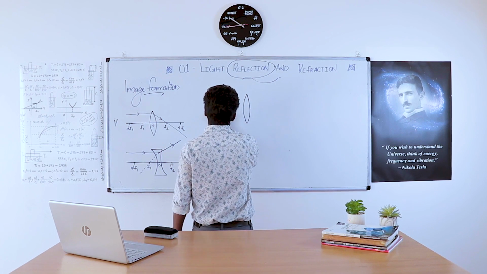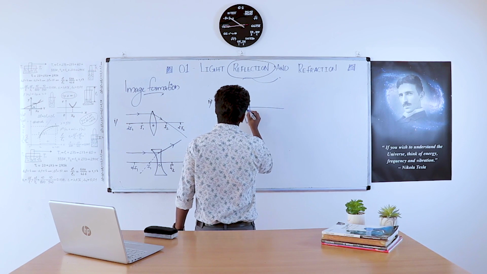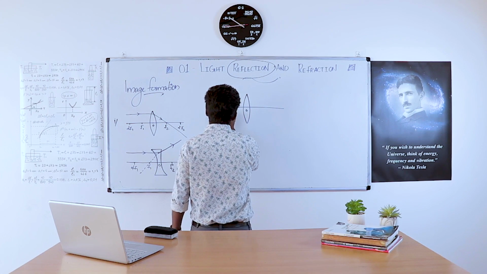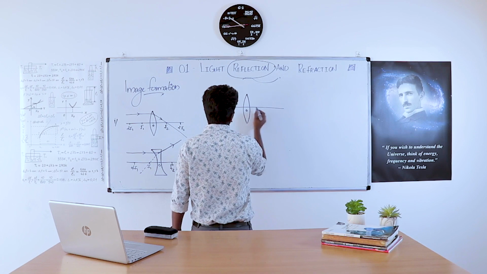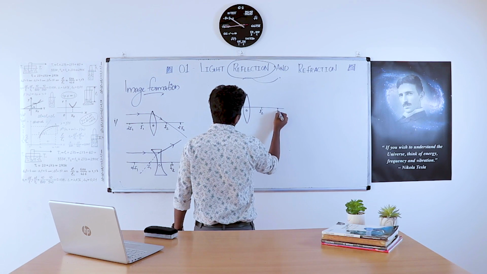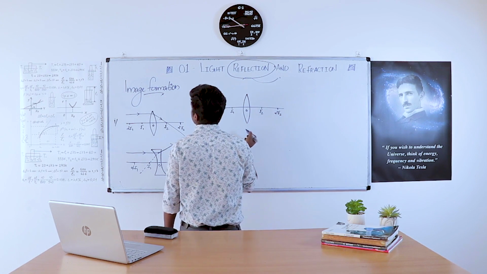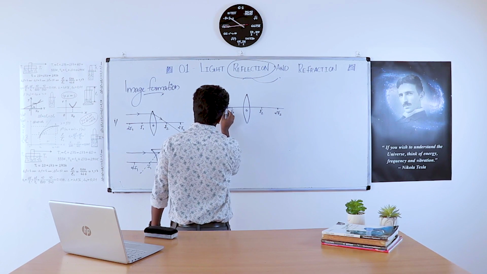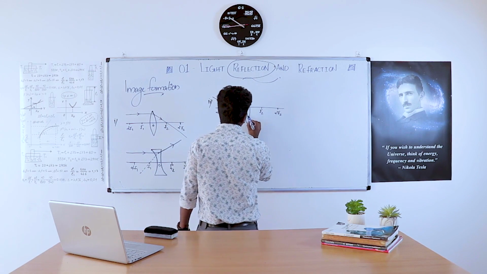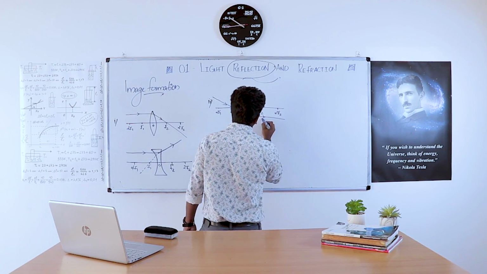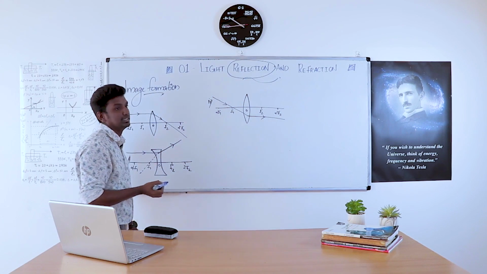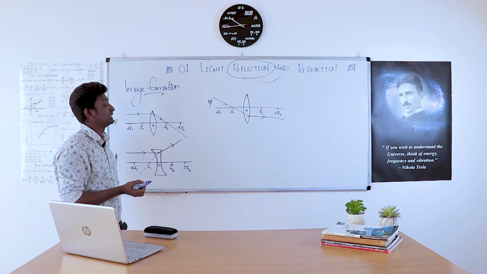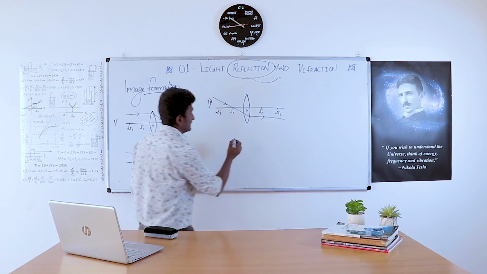This is a convex lens. Optic center, F1 to F1, F2 to F2. So a ray of light coming through focus, after refraction passes parallel to the principal axis.